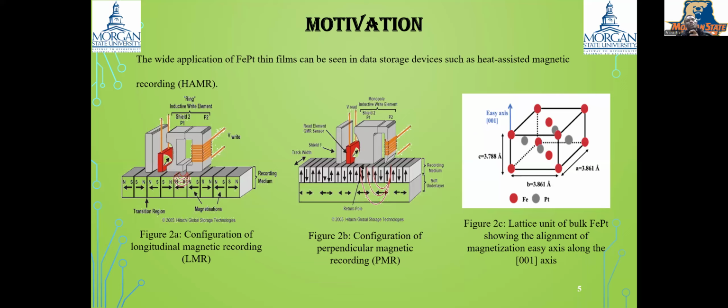Now, iron platinum, like I said, has several interesting properties. They exhibit two different configurations: the L10 phase, that is the FCT phase, face-centered tetragonal, and the FCC phase, that is the soft phase. In the L10 phase, the iron and platinum are orderly arranged. That is, we could see the iron atoms at the corners, while on the faces, we have the platinum atoms.